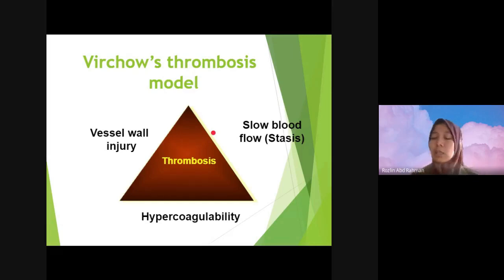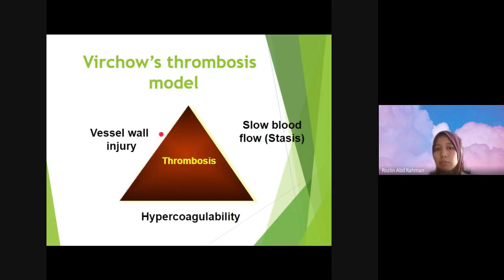Okay, so this can make you prone for thrombosis. Ataupun you ada hypercoagulability state. Okay, that means the blood is very prone to form a thrombus. Okay, yang paling penting is your endothelial integrity lah, yang vessel wall ni.